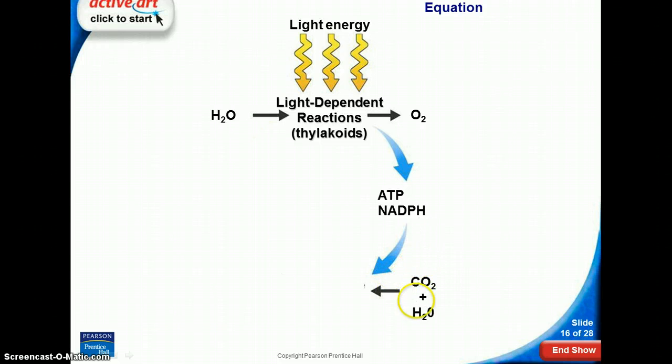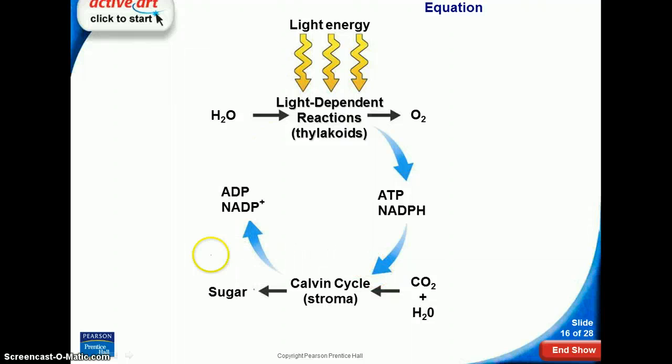Then carbon dioxide is required to make the next step happen, which we can also call the dark reaction, the Calvin cycle, which takes place in the stroma. That produces the sugar, and as a result you now have that ATP converted into ADP, and it's ready to start again.